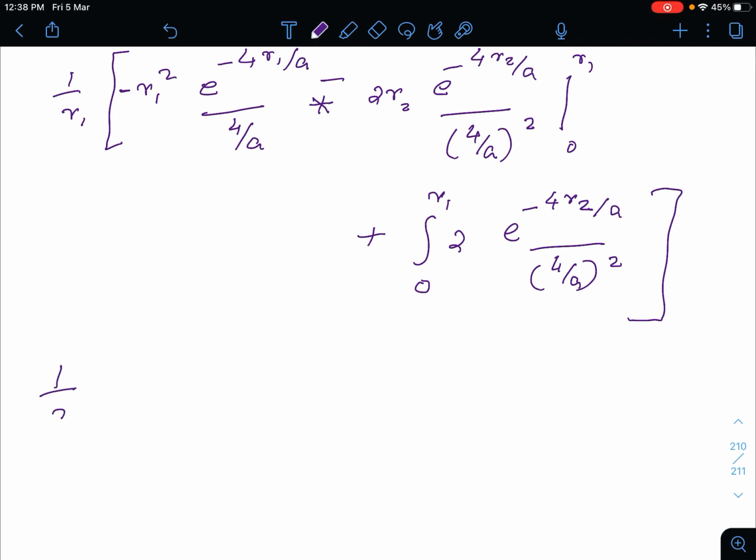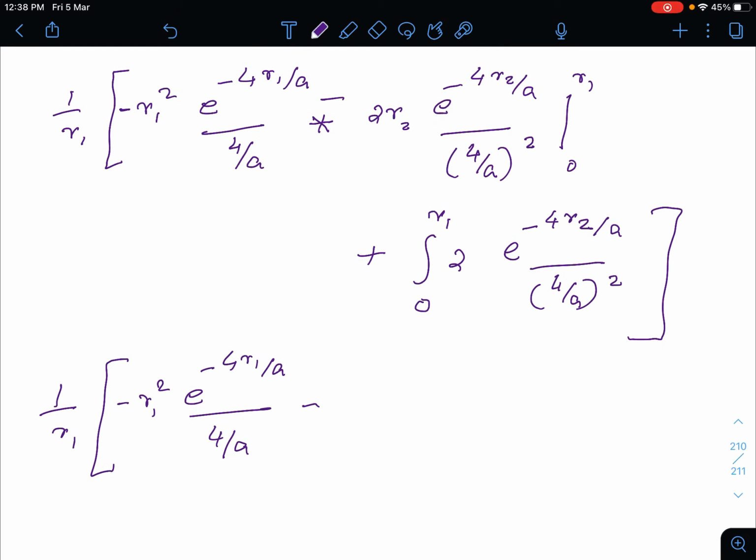So that is 1 by r1 minus r1 square e raised to minus 4 r1 by a divided by 4 by a minus, okay, so again the same logic, if I apply the lower limit, this becomes 0. So minus 2 r1 e raised to minus 4 r1 by a divided by 4 by a whole square.